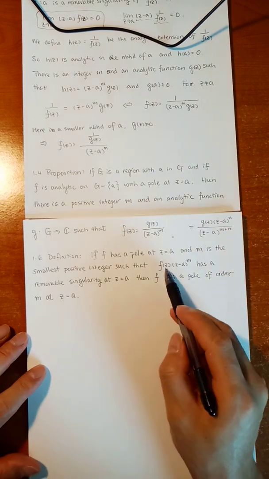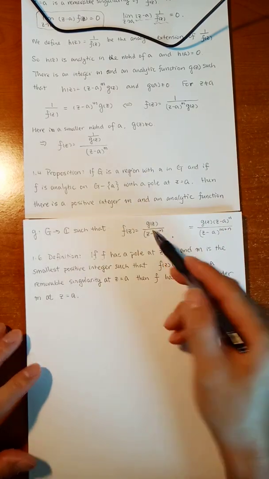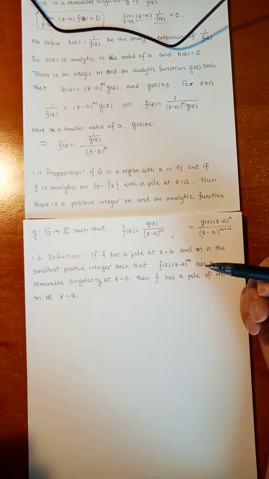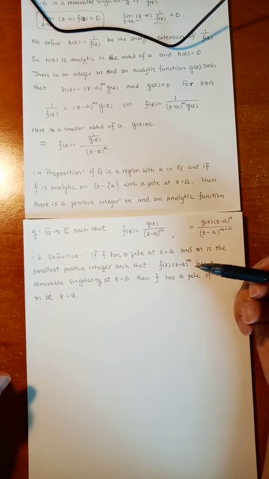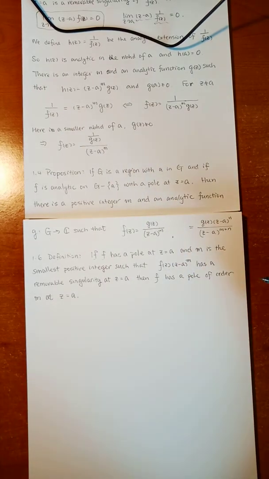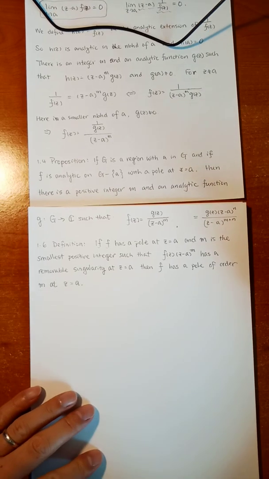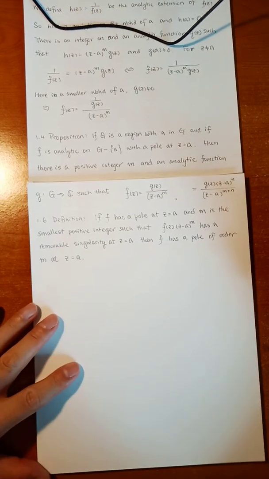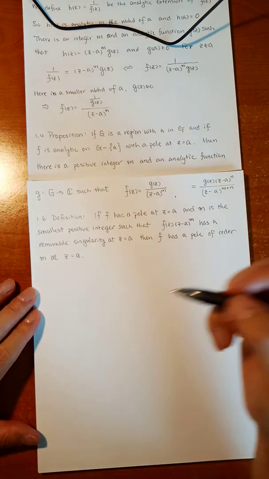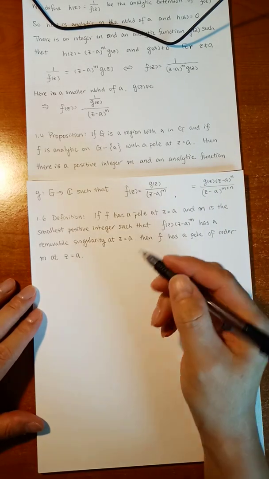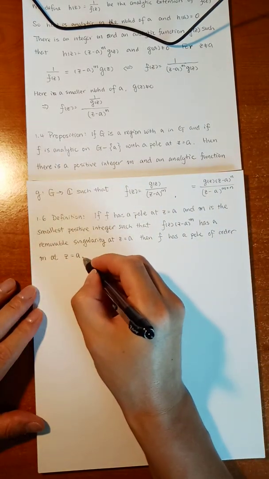So basically, f of z times (z minus a) to the mth power is equal to g. So when this g barely exists, then this is the order m. Okay? All right. So this is the definition.